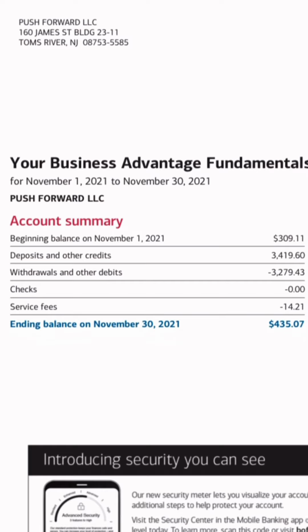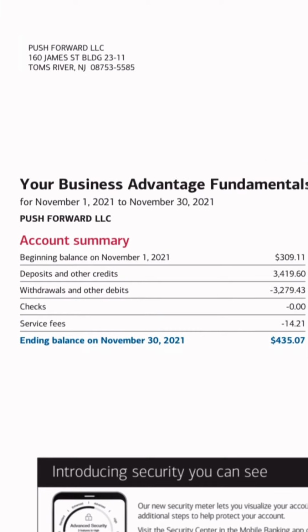For it to be well explained to you, we're gonna be starting with the beginning balance. As you can see, the beginning balance on November 1st, 2021, on that row, we got $309.11. Now, the beginning balance is a column that shows the amount which the account possesses at the beginning of the month, in other words, the account balance for the beginning of the month.